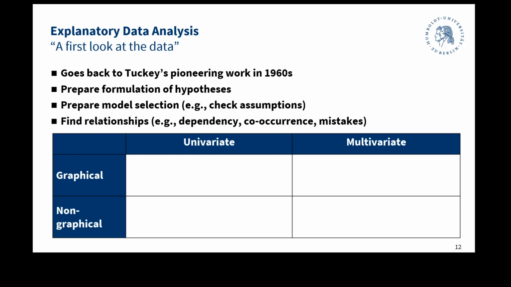And in either case, we can also distinguish whether we are interested in an individual variable, an individual column in our data set, which is univariate, or whether we are interested in dependency structure that typically occurs across variables, between two or even more variables. That's a multivariate setting.